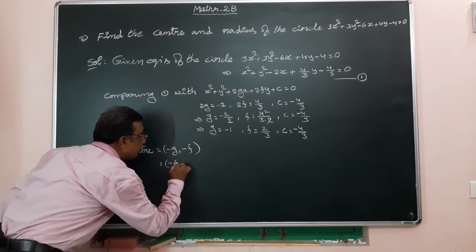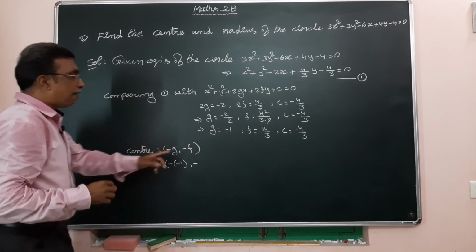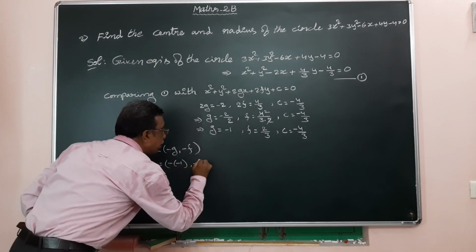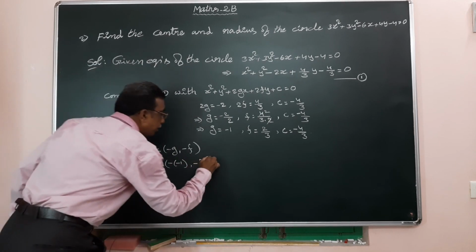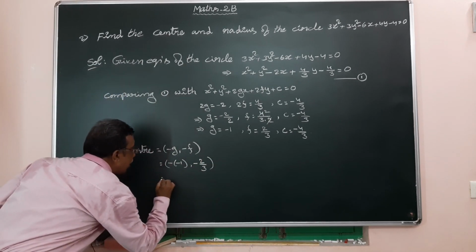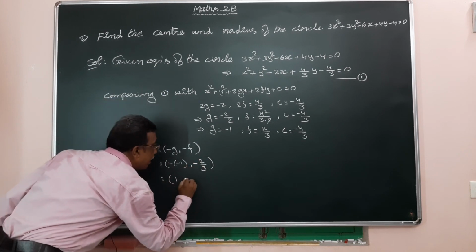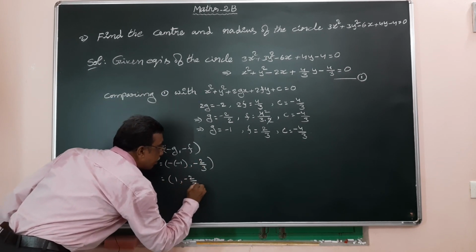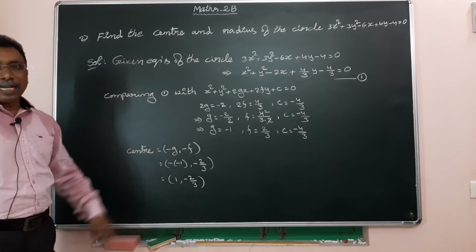Minus 1, comma minus f, what is the f value? f equal to 2 by 3. That equals minus into minus plus 1, comma minus 2 by 3. This is the center: 1, minus 2 by 3.